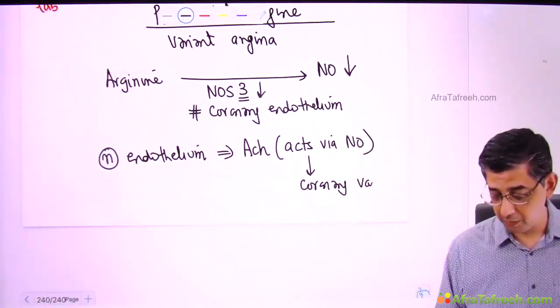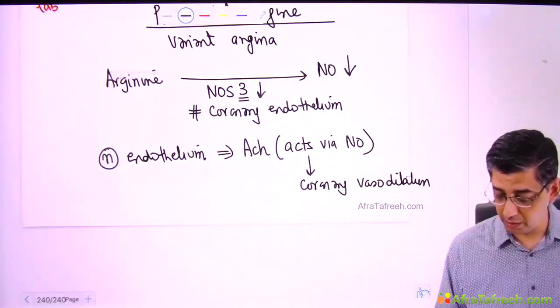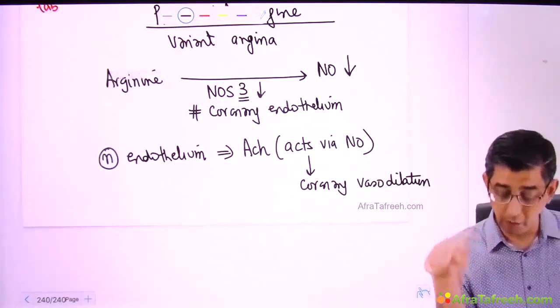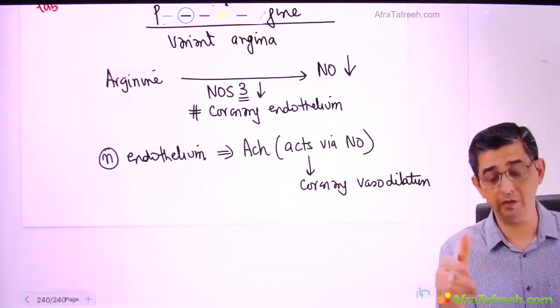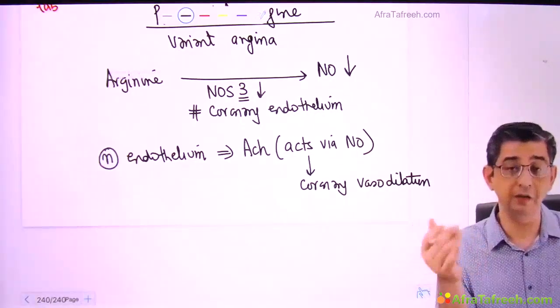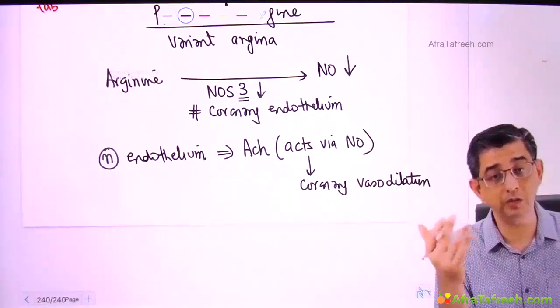However, in people with Prinzmetal angina, if you inject acetylcholine into the coronary artery, it will not be able to do this job. Why? Because the enzyme responsible for synthesis of nitric oxide, NOS3, is not working. And why is the enzyme not working? Because the coronary endothelium is malfunctioning secondary to atherosclerosis.